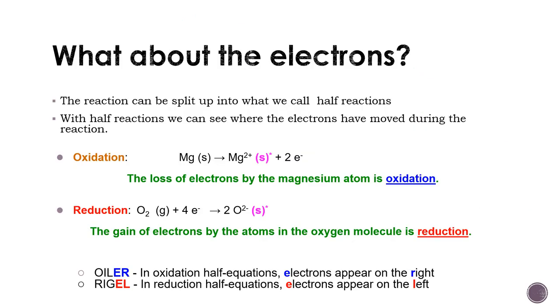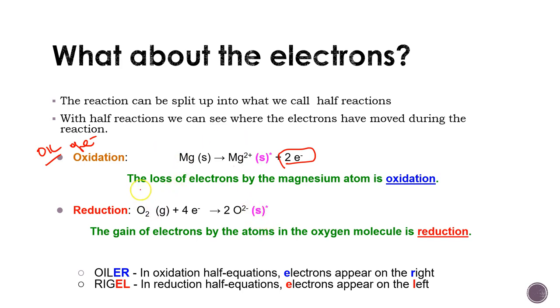So if we split the reaction up into what's happening for the oxidation process and the reduction process, we can actually see what's happening to the electrons. In the oxidation process, remembering that oxidation is loss of electrons, magnesium goes from Mg solid to Mg 2+, and gives up 2 electrons. This is the oxidation.